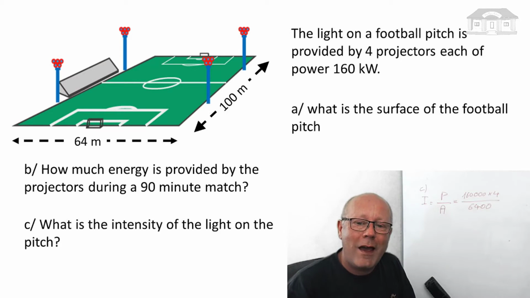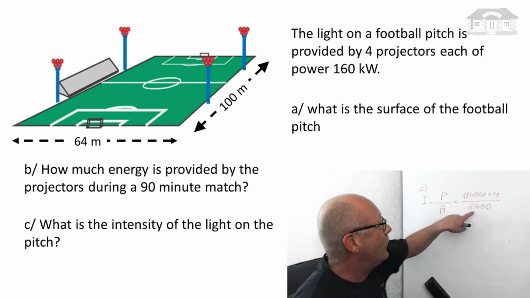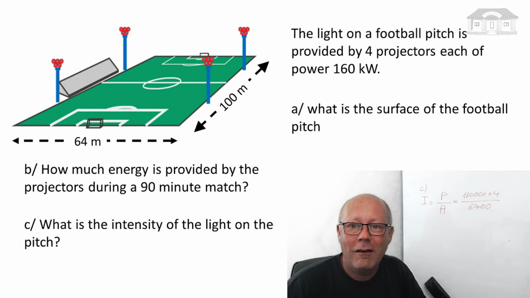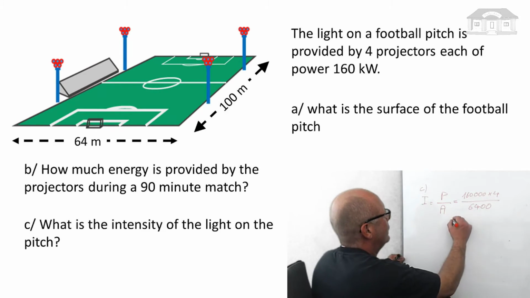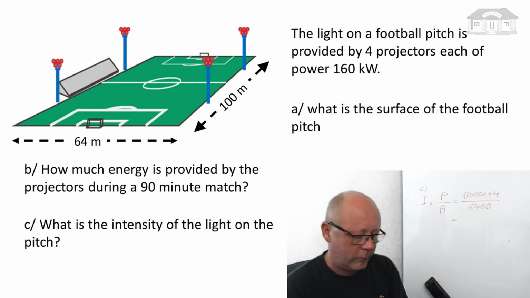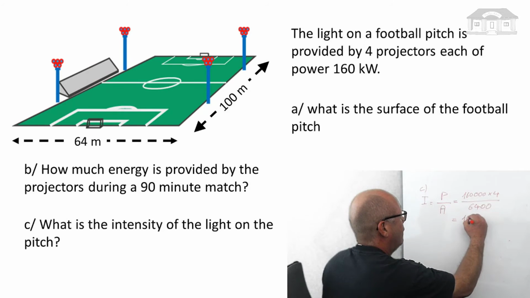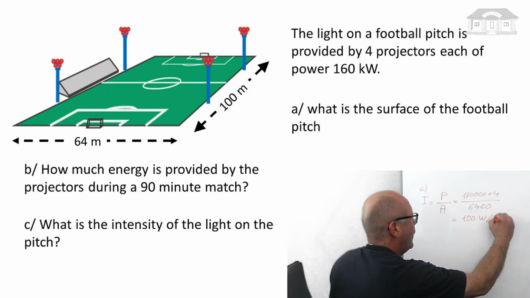Each meter square will receive a share of all the power generated by the projectors. That gives you 160,000 by 4 divided by 6,400, 100 watts per meter square.